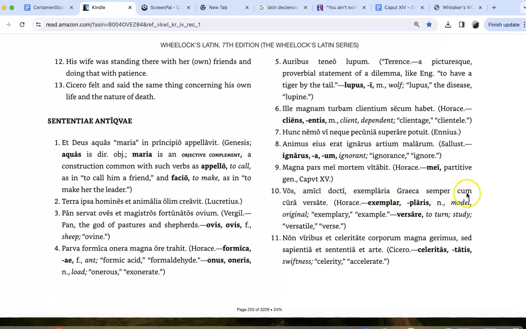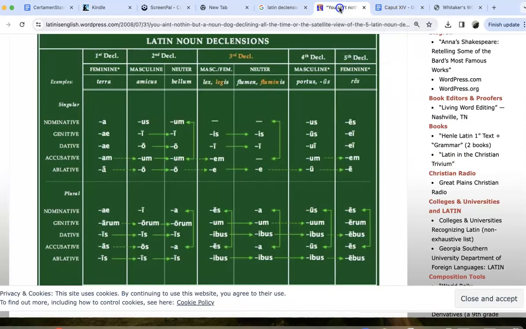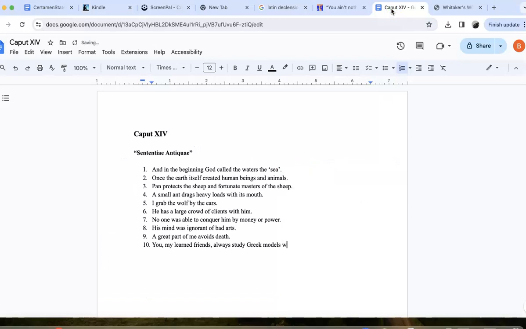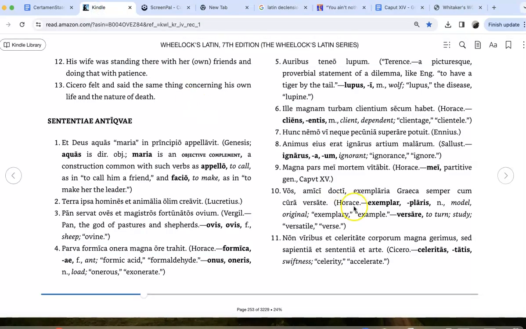Remember, cum can mean when it's a conjunction, but here we have an a, which is first declension ablative singular. That tells us it's being used as a preposition. So we can say, always study Greek models with care. Cum cura.